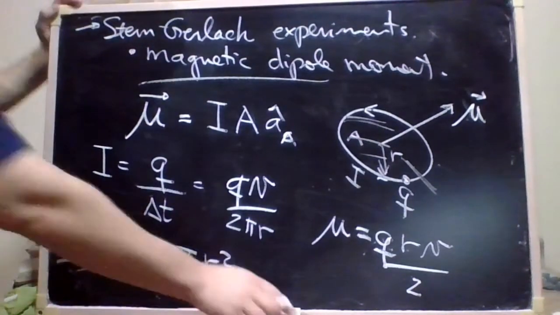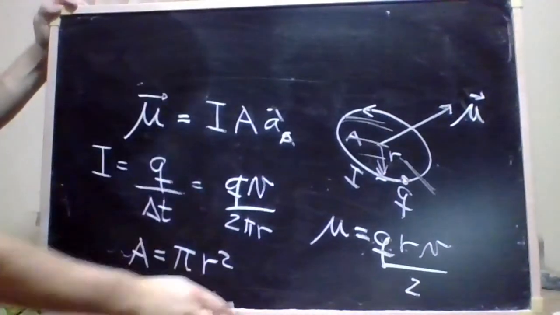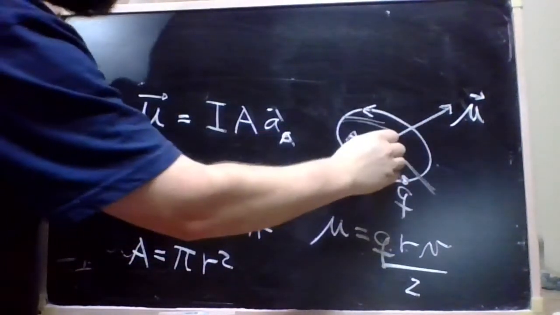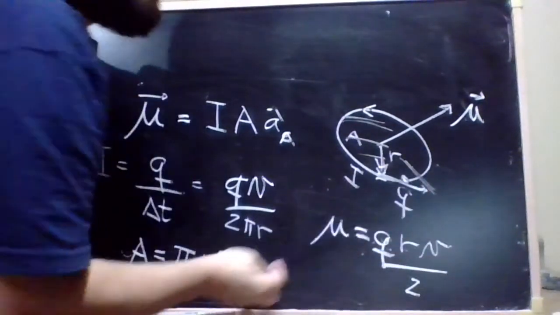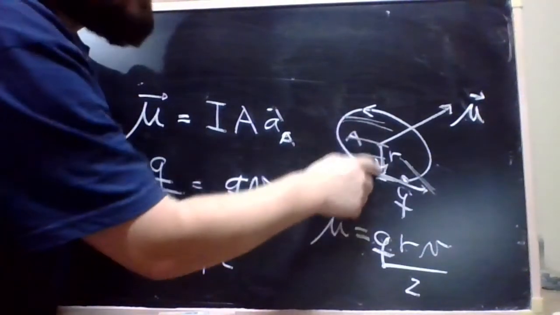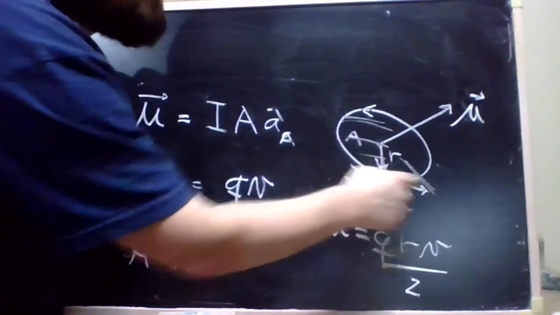But if you remember classical mechanics, you can remember that this area can be obtained by performing a vector product, a cross product of r and the velocity.